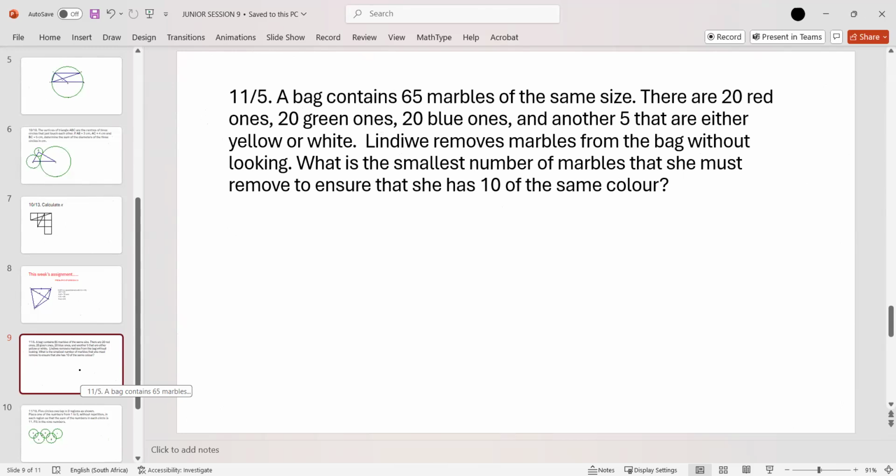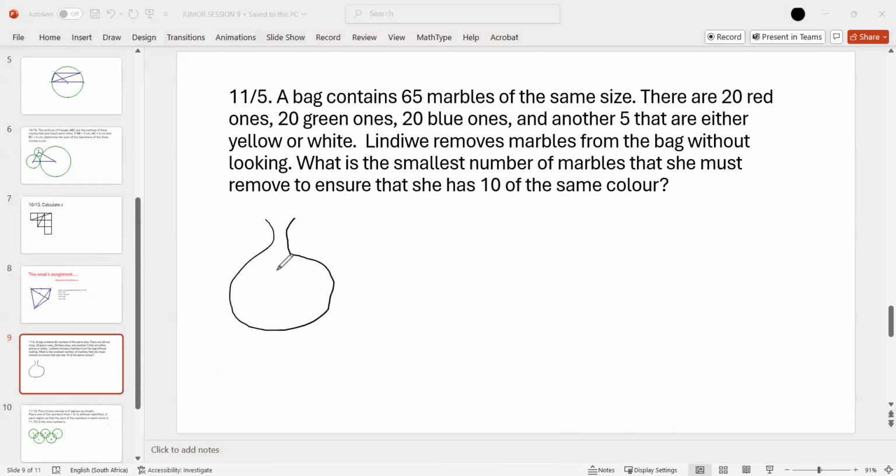A bag contains 65 marbles of the same size. So you got a bag and you got all these marbles. And there are 65 of them, and they're all of the same size. Right.